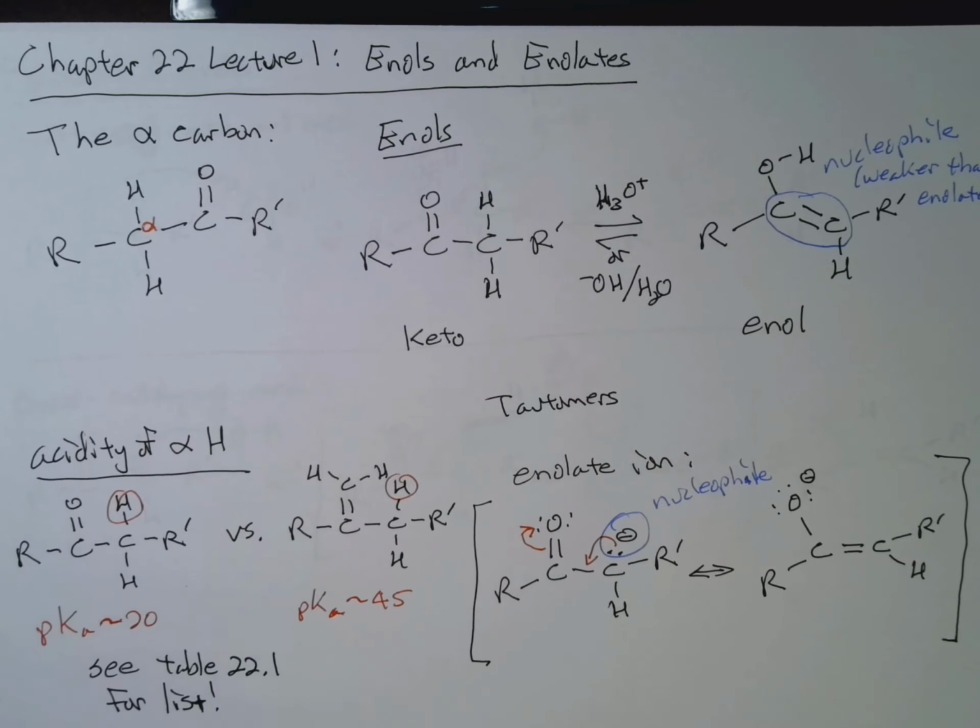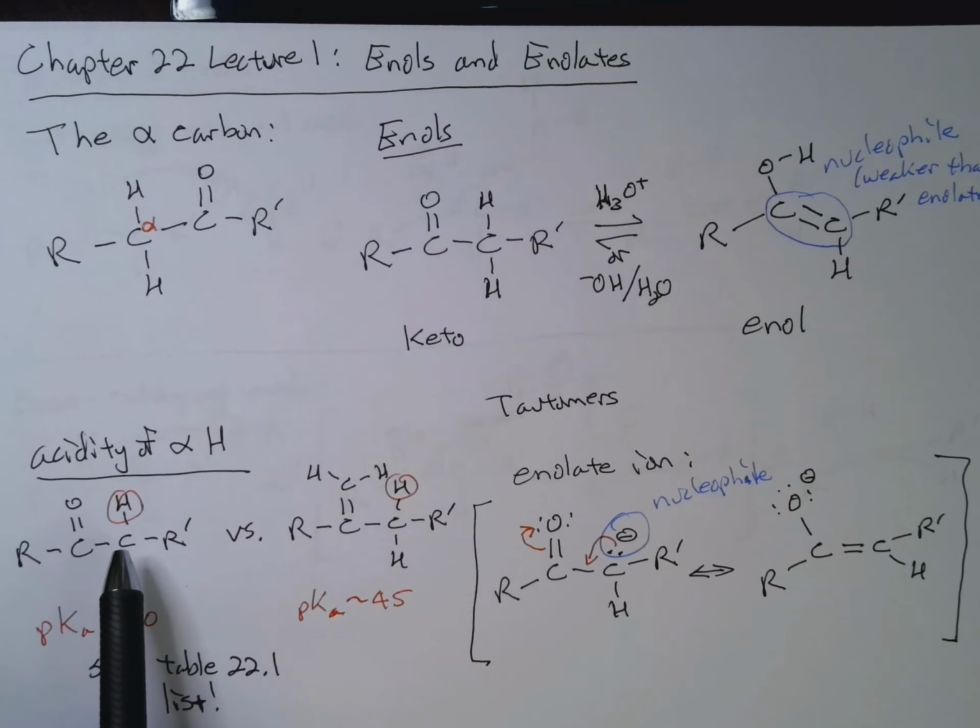I'll introduce some other pKa values for different alpha carbons and different species later on as we run across them. But just as a little reminder here, the alpha carbon or alpha hydrogen in, say, a ketone has a pKa of around 20. Compare that to, say, a nitrile, sorry, not a nitrile, an alkyne.